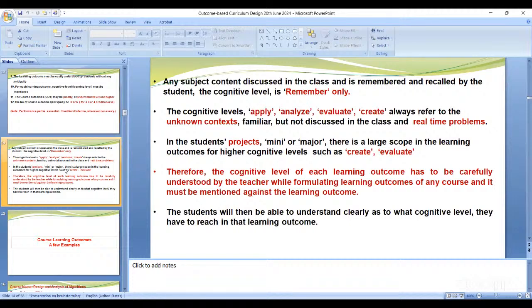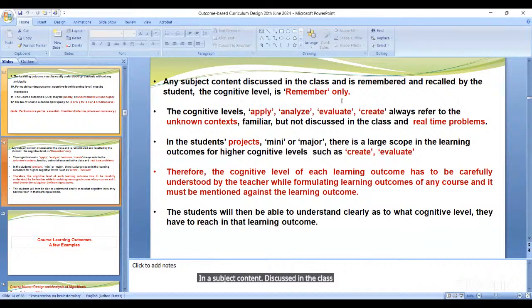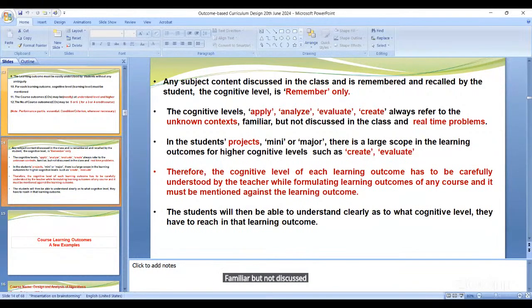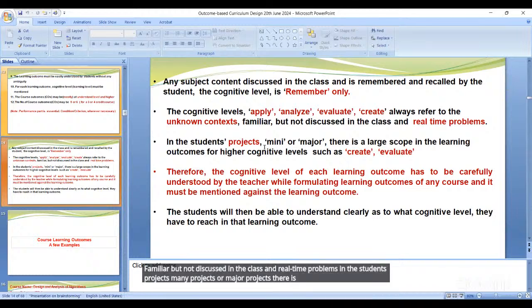Any subject content discussed in the class and remembered and recalled by the student, the cognitive level is remember only. The cognitive levels apply, analyze, evaluate, create, always refer to unknown contexts, familiar but not discussed in the class, and real-time problems. In the students' projects, mini projects or major projects, there is a large scope for the learning outcomes at higher cognitive levels like create level and evaluate level.